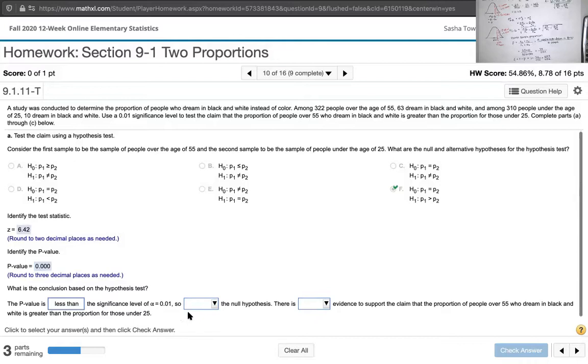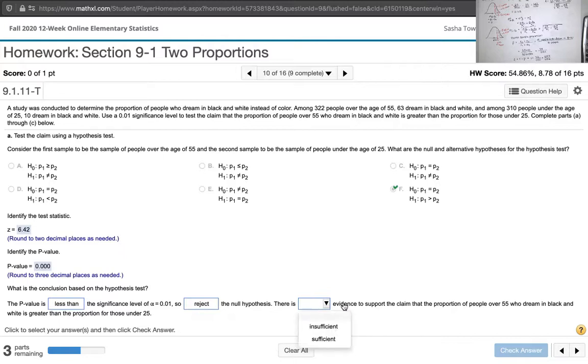It's very improbable given that the null hypothesis is true. So if it's highly improbable given that the null is true, but it's actually happening, maybe the assumption that the null is true is incorrect. So we're going to say that the null hypothesis is likely to be false. So we're going to reject the null hypothesis. That's just the rare event rule.